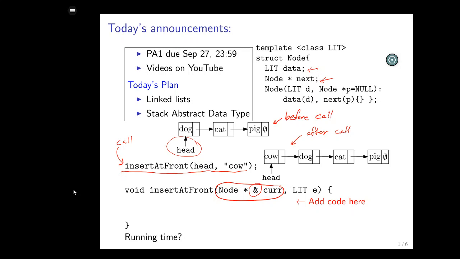And in order to do that, we have to allow the function that we're calling, insert at front, to manipulate the pointer in the caller's frame of reference, and that's why we need to pass the parameter as a reference parameter. Then the manipulation being done in this line of code that you have to figure out will change head in the caller's frame.